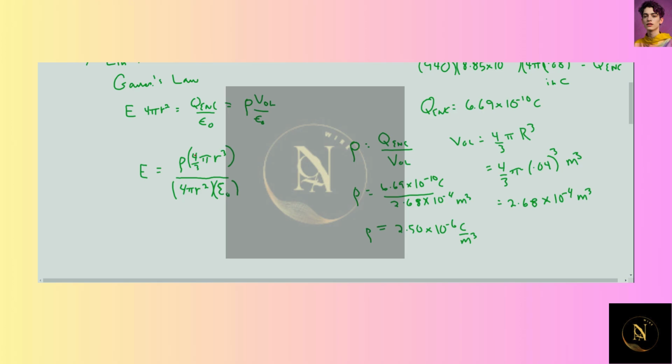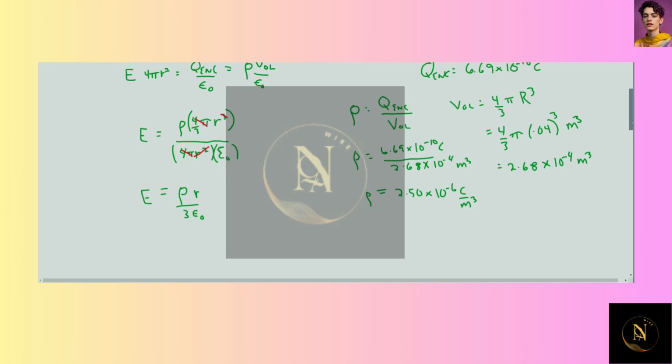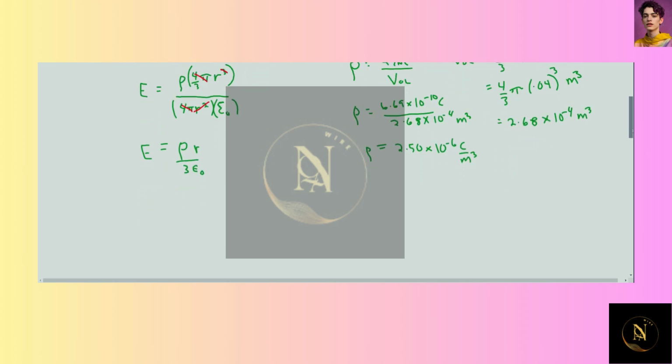And some things will cancel, including 2 powers of r. So we can see why finding that density was useful. We can now solve for the electric field at any point r inside the sphere. It will grow proportionate to the radial distance from the center.